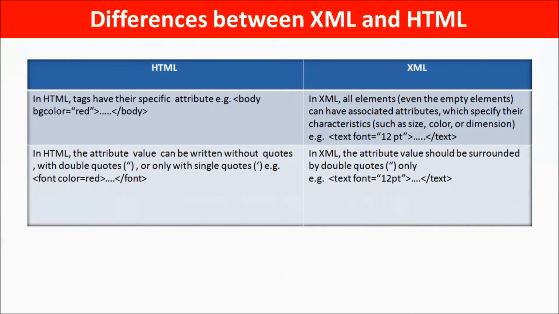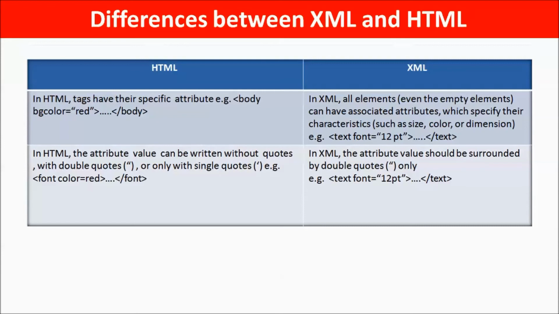So in HTML there are inbuilt tags, and the inbuilt tags also have specific attributes, which are also inbuilt. But in XML, for all elements, we can use attributes which will specify their size, color, dimension, whatever is to be specified. We can use attributes with every element in the case of XML.